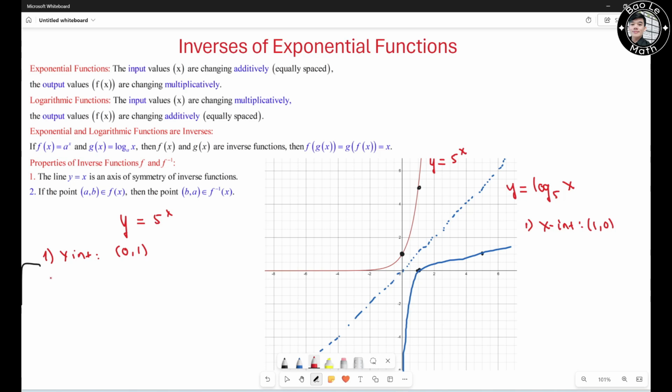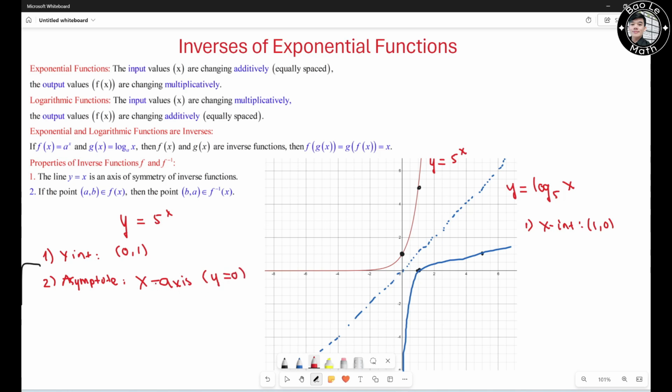The second thing I learned is the asymptotes of this function, which means the x-axis right here. Do you see that? The equation of the x-axis is y equals 0.